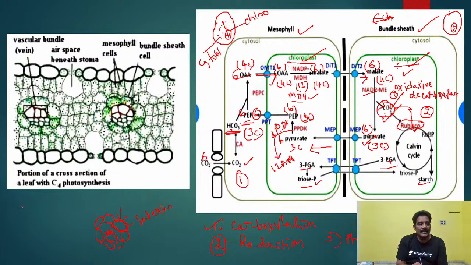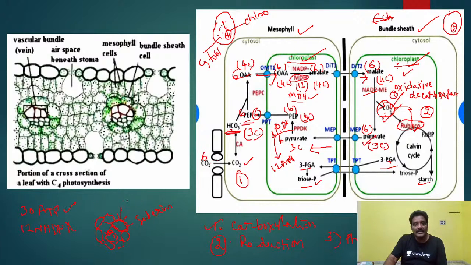Totally 30 ATP molecules and 12 NADPH. Okay, NADPH, 12 molecules here, I already told you. But ATP molecules utilized here are 30 ATP.